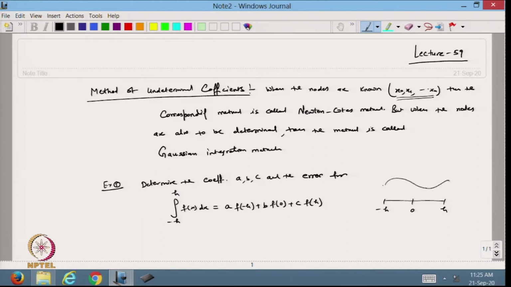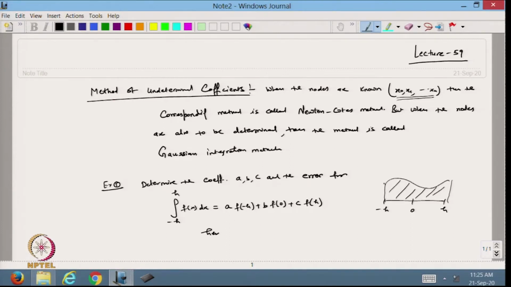The coefficients A, B, C are not known to me, and they multiply the value of the function f at minus h, at 0 and at h. We want to find the values of A, B, C.